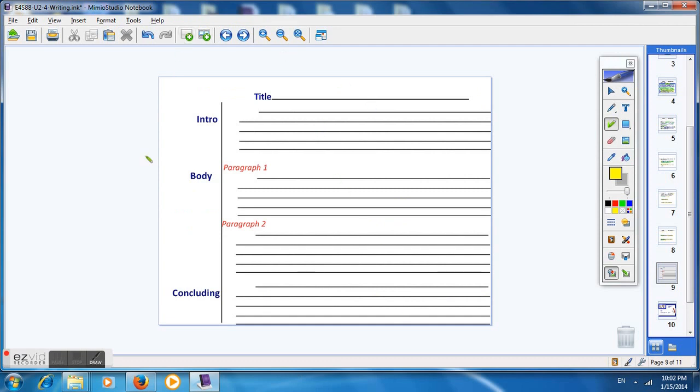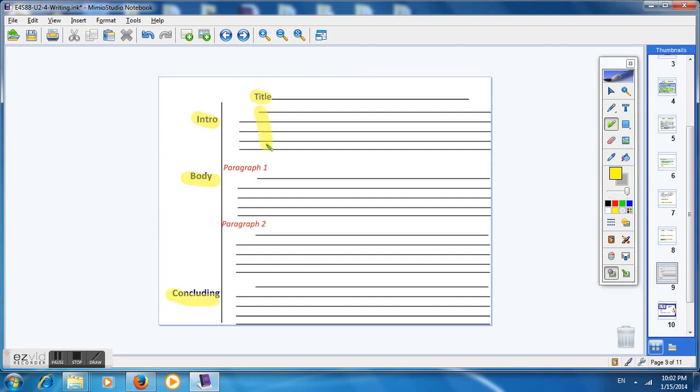So this is how your essay will look. When we talk about structure, first you have the title and your intro, your body, and your concluding paragraph.